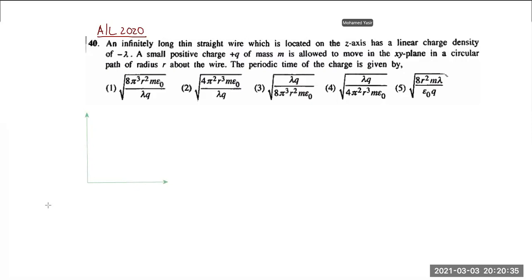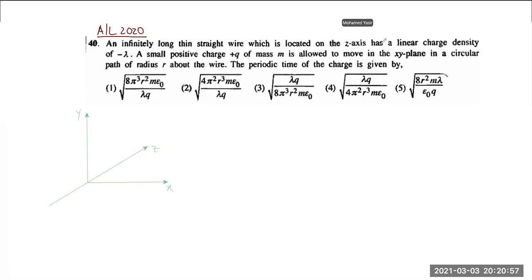The z-axis is the axis which is going into the plane. I hope you can understand. So these are the axes. Y and x are on the screen. The z-axis is going into the screen or coming out of the screen.